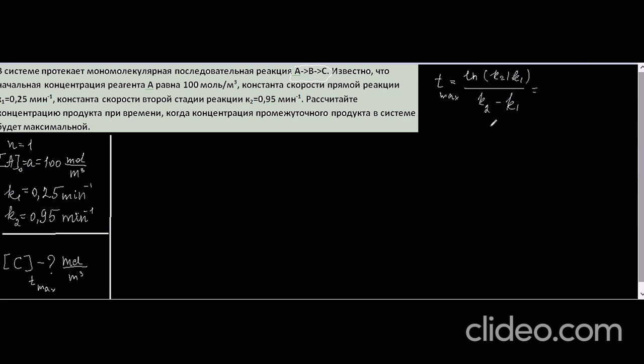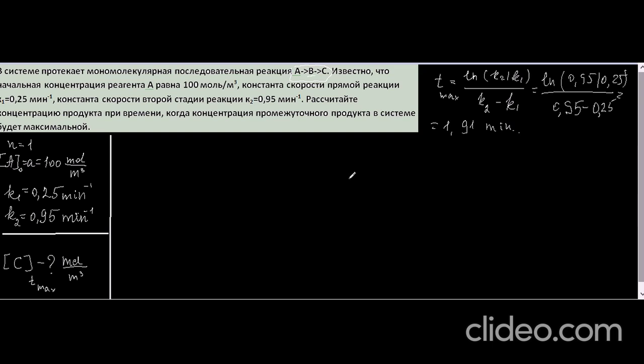This is the time when the concentration of the intermediate is the largest. So let's do that. 0.95 over 0.25, right, divided by 0.95 minus 0.25. My calculator says that it is 1.91 minutes. So that means that at this particular time the concentration of the intermediate B is the largest.